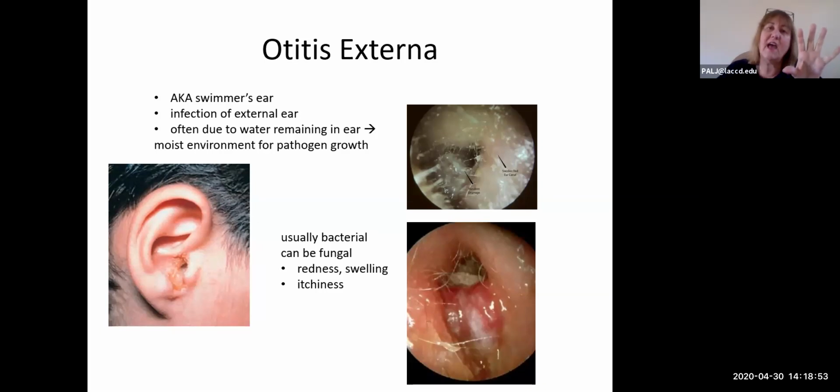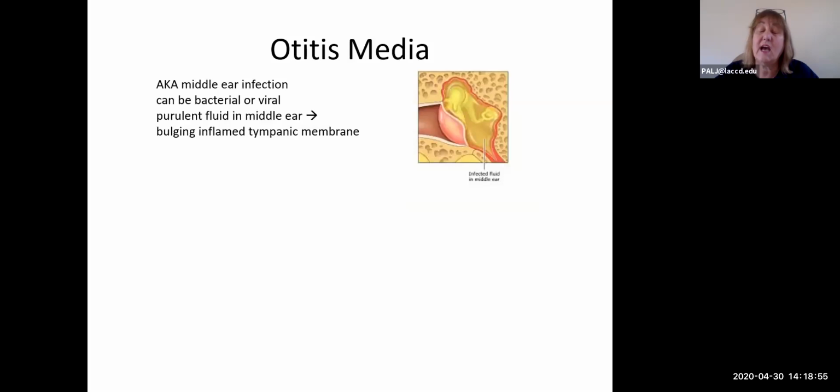All right. Now, that is totally different than otitis media. Otitis media is a middle ear infection, and this is the one that is so common in little kids. You may have had it if you ever had tubes in your ears. It was because you had recurrent otitis media infections.